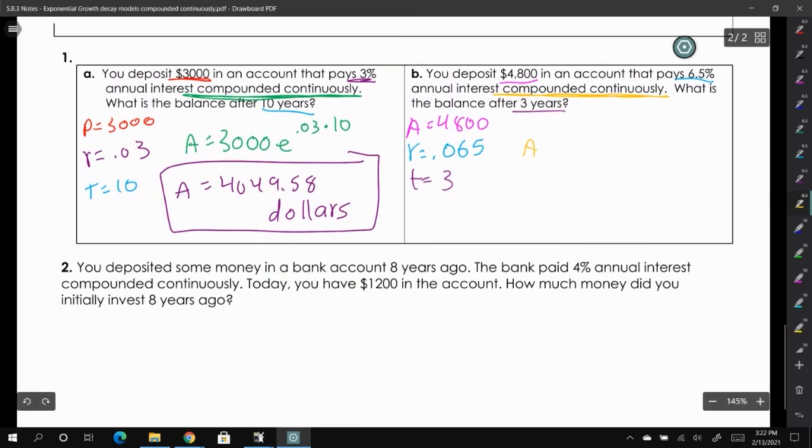So I'm sorry, this should not be A, that should be P. So A is equal to 4,800 times E raised to the 0.065 times 3 power.